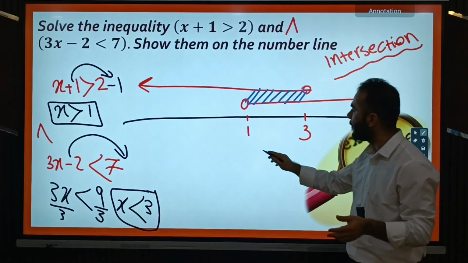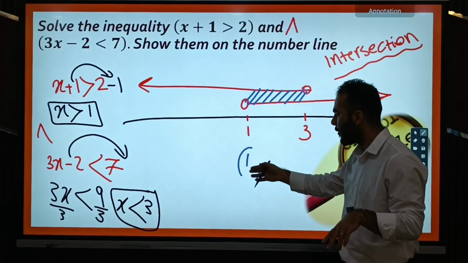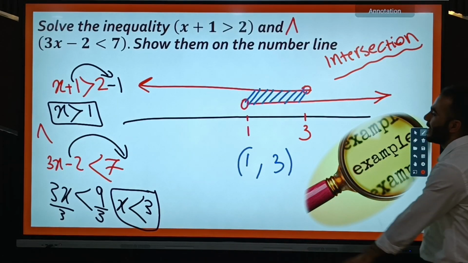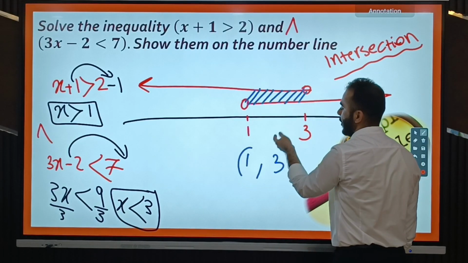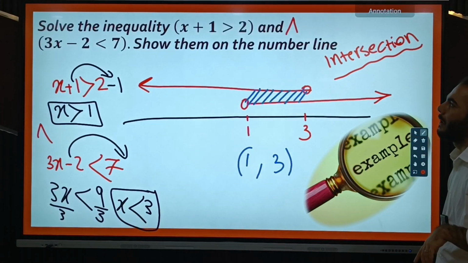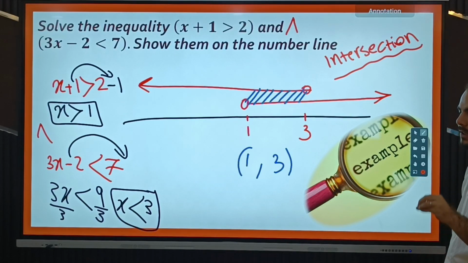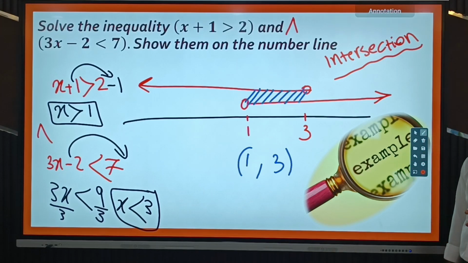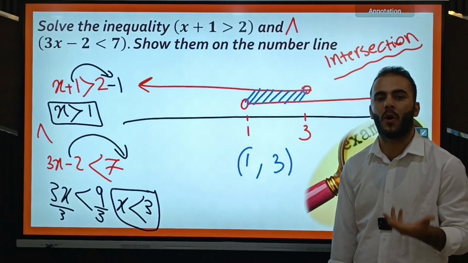And the interval is going to be from open 1 to 3, because it's open here and open here, so we have an open interval. This is how we solve compound inequalities regarding "and". Whenever it is "and", we need to find the intersection part.